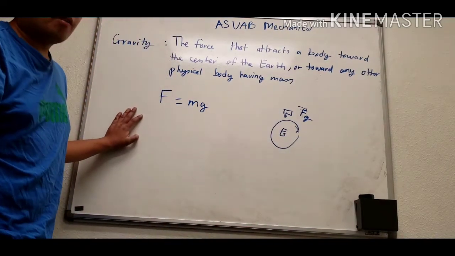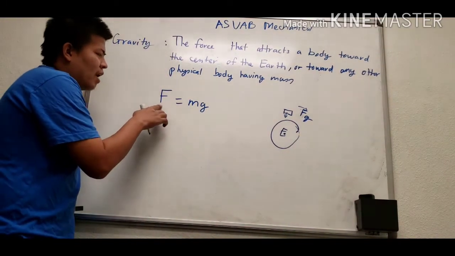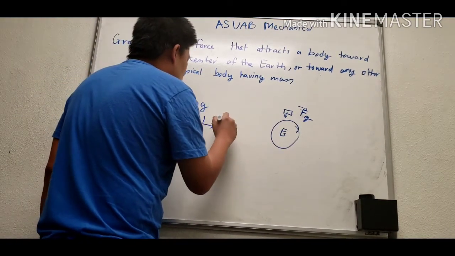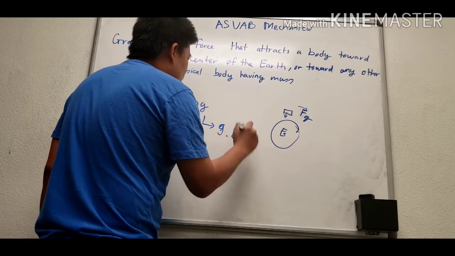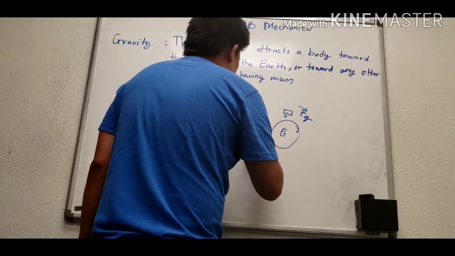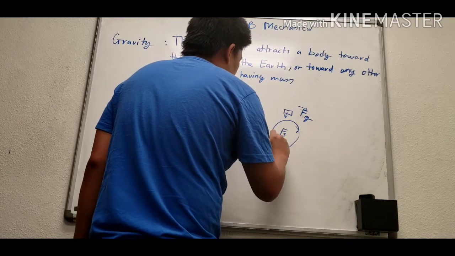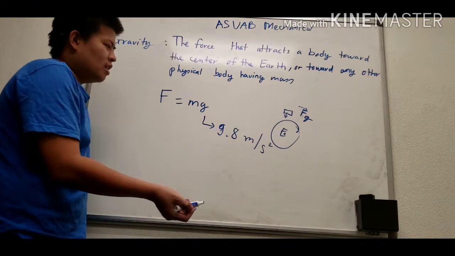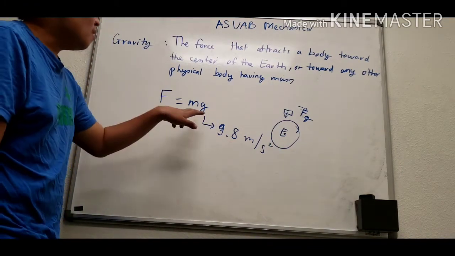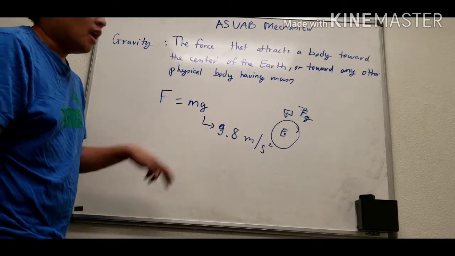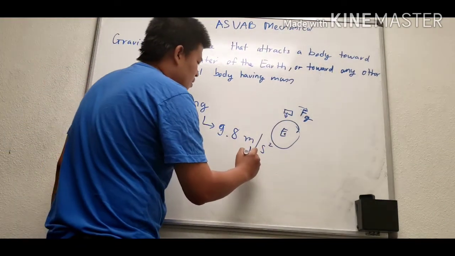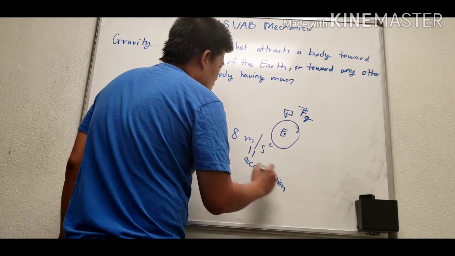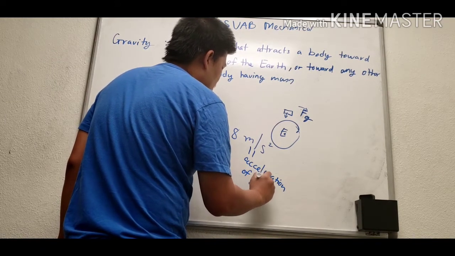The formula of the gravity force is F equal to m multiplied by g. g is 9.8 meters over second squared, because that's the acceleration of gravity.